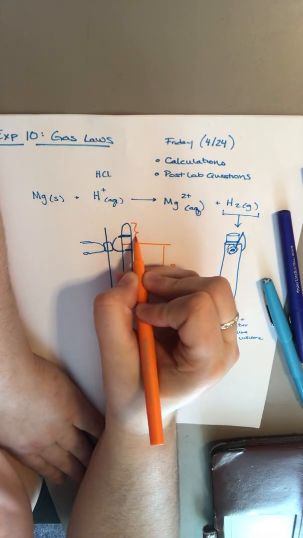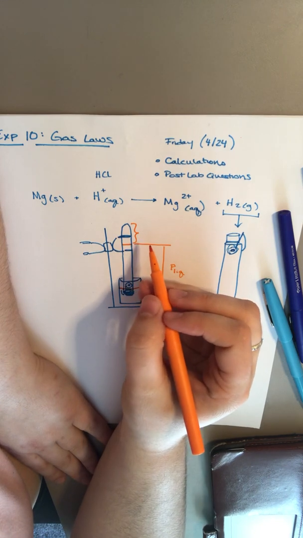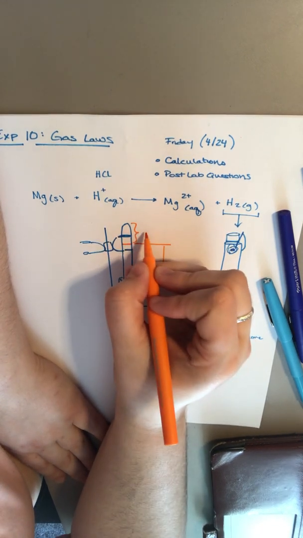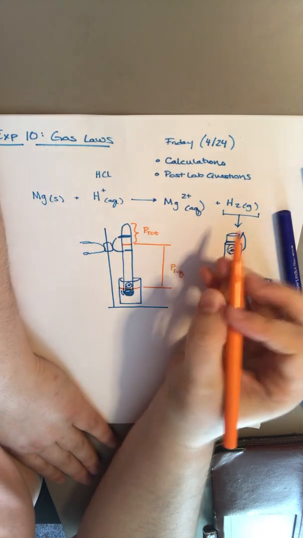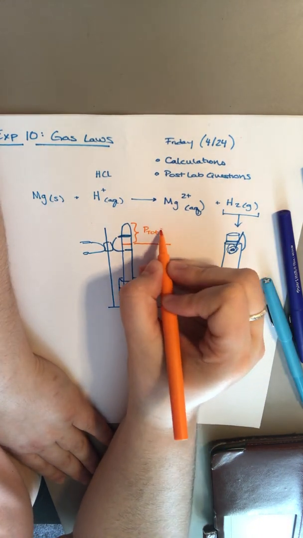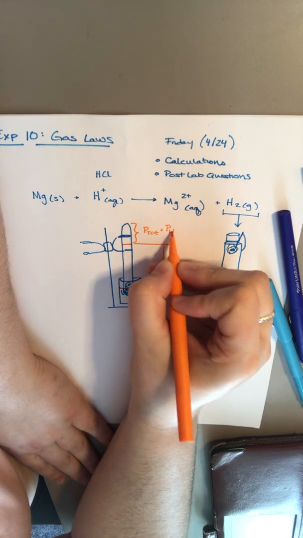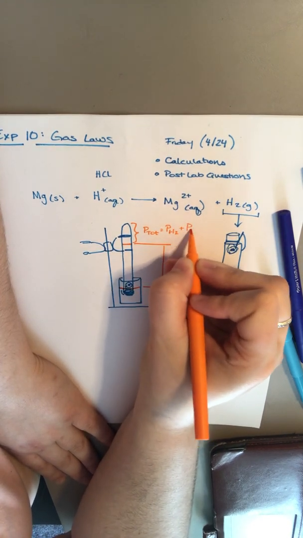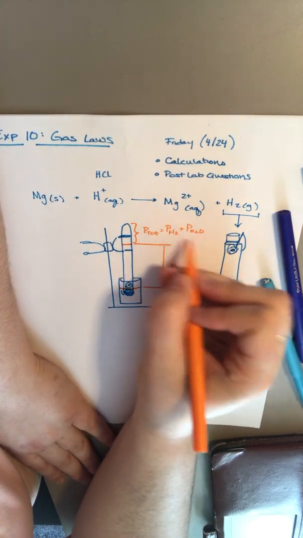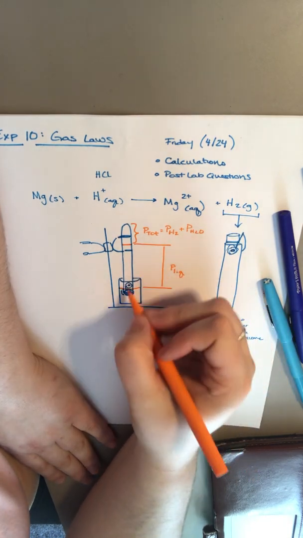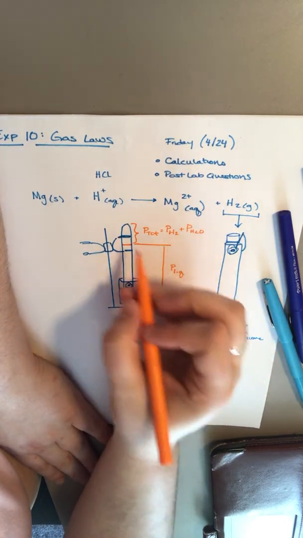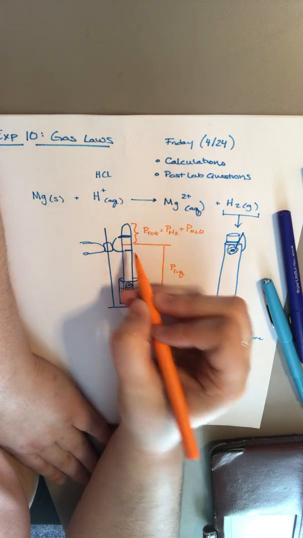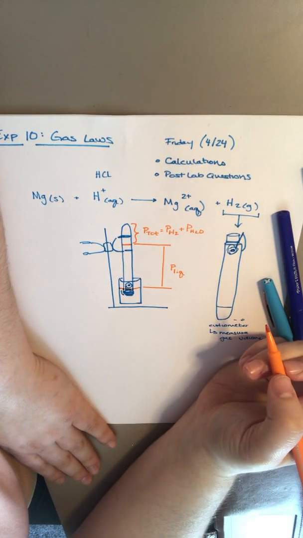This amount is going to be the total gas collected, which helps us determine P total, because we know the total pressure is equal to the pressure of the hydrogen gas plus the pressure of the H2O. The pressure of the H2O is the pressure created in the eudiometer based on that hydrogen gas.